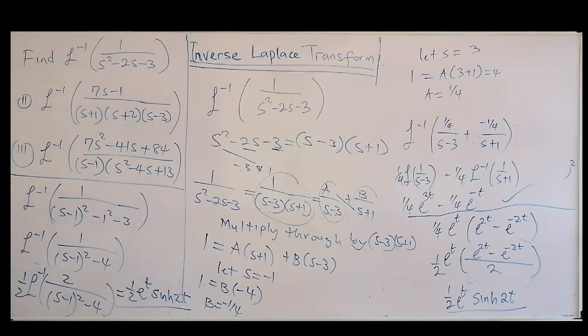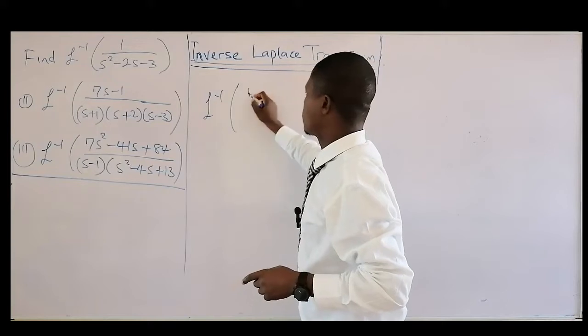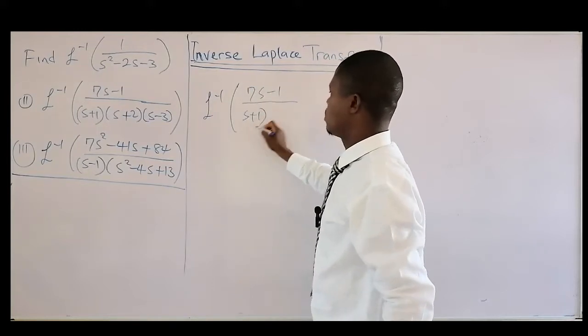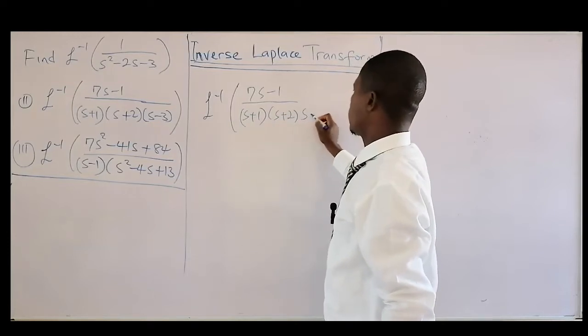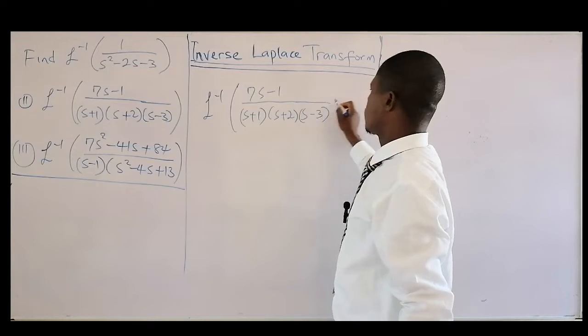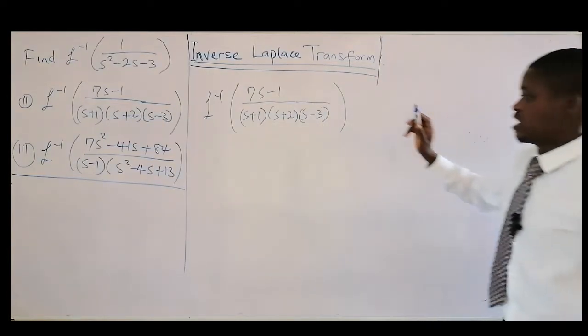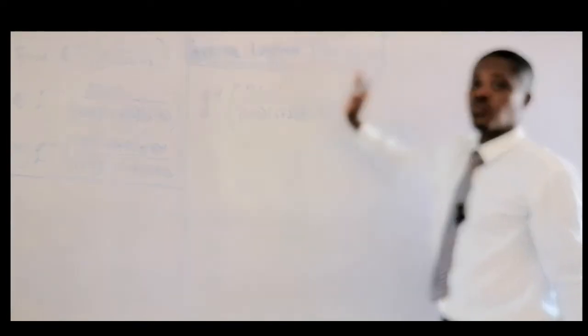So question 2, that's inverse of (7x minus 1) all over (x plus 1)(x plus 2)(x minus 3). If you look at this, the first observation is that the degree of the denominator is power 3 and that of the numerator is 1.